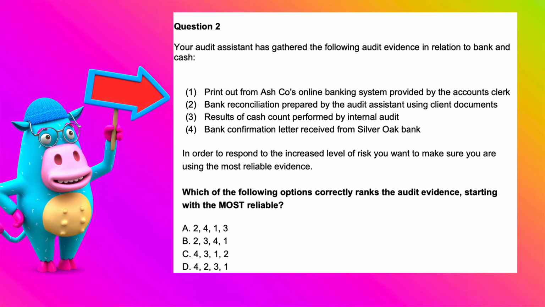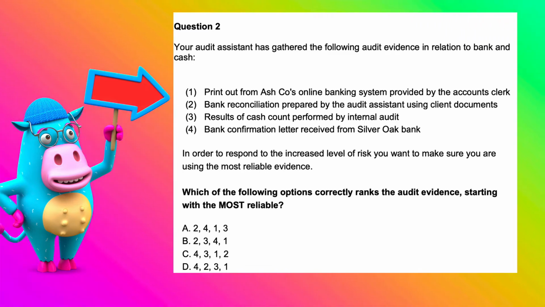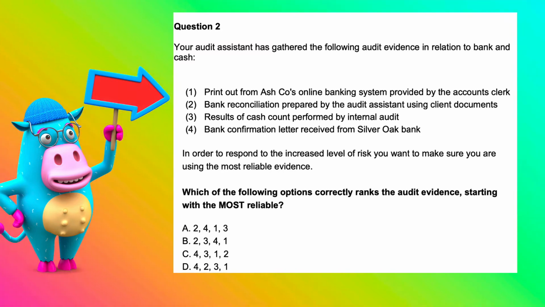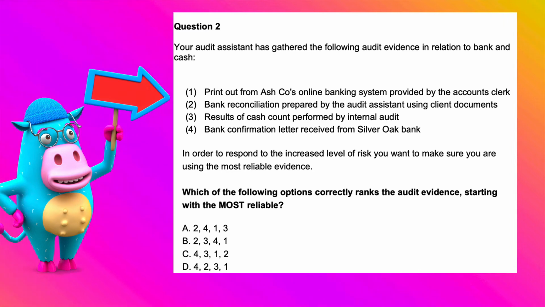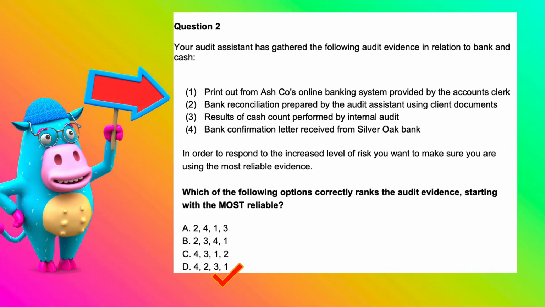So the bank reconciliation prepared by us, number two. The next best one would be the cash count prepared by internal audit, because at least they're still a little bit independent. And then finally, the printout of the online banking system provided by the accounts clerk. That's just very internal and is open to being changed. So I think therefore the answer must be D.